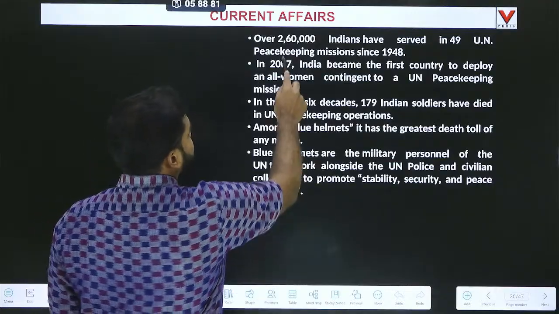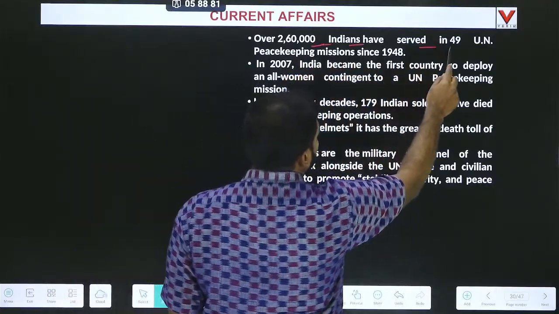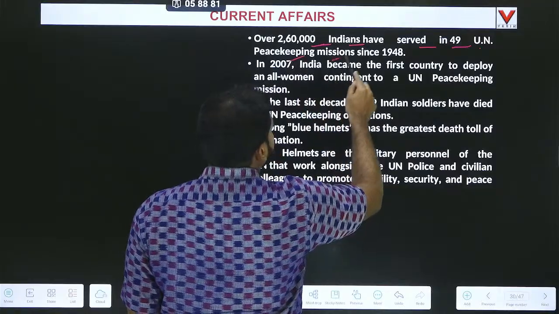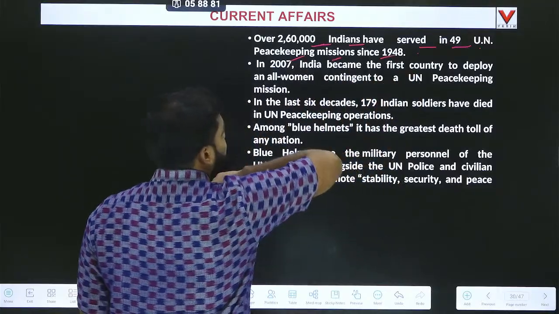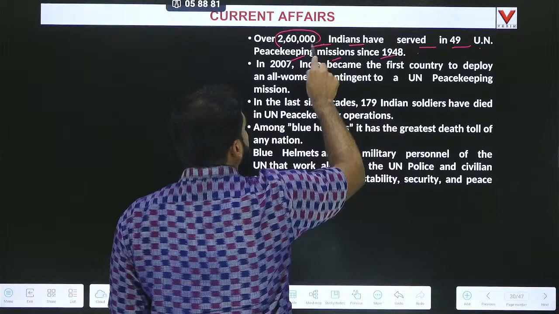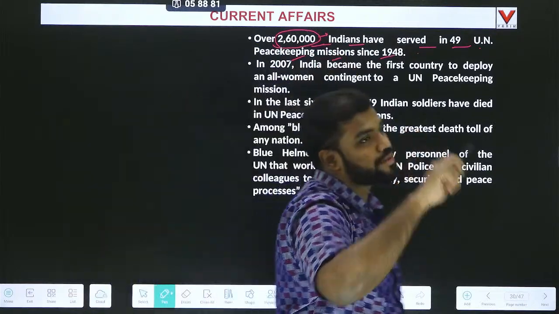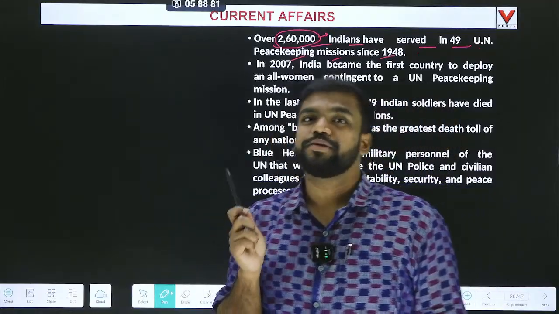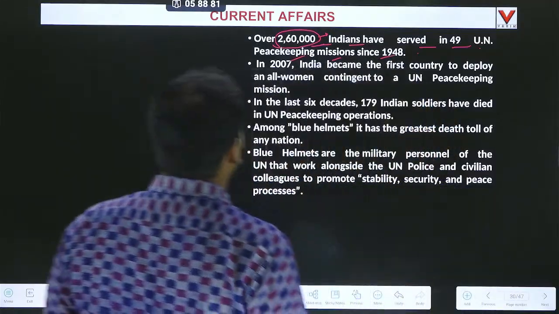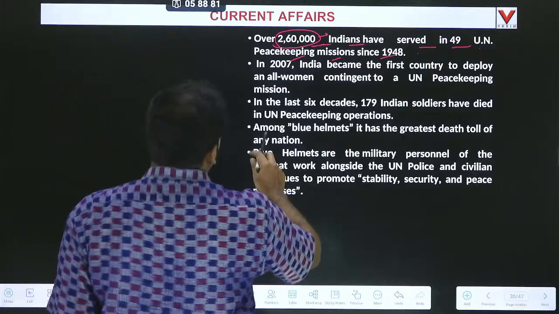Over 260,000 Indians have served in 49 UN peacekeeping missions since 1948. 260,000. Some nations do not have such a level of army. We just deploy them as UN peacekeepers, right? That's why India stands for peace in the global arena.